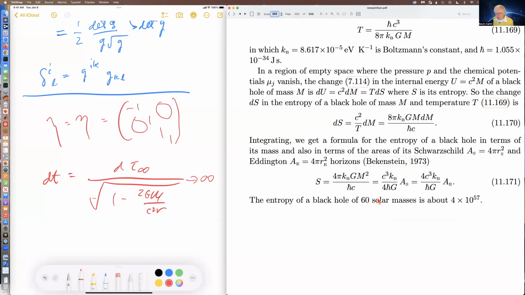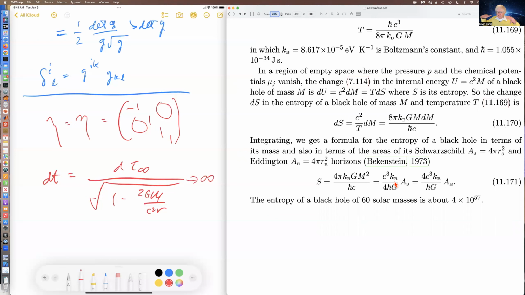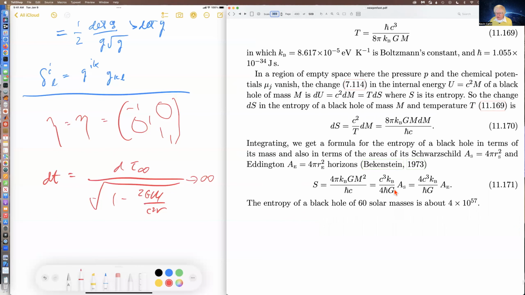What you have to do, though, is there's a constant out in front. And the constant out in front turns out to be this expression here. And that's because we're rewriting m squared in terms of the area of the sphere at the Schwarzschild radius, and so that's why G goes in the denominator there.